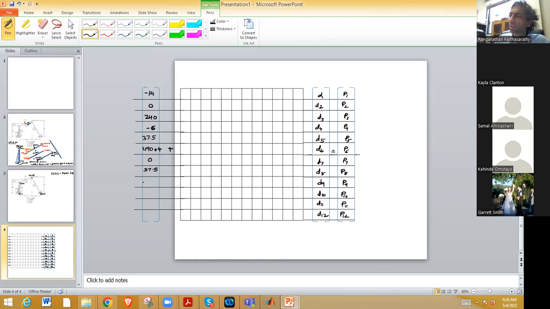And moment you have 112.5 going clockwise, so negative, multiply by 12, so 1350 negative. And now last joint you don't have anything.